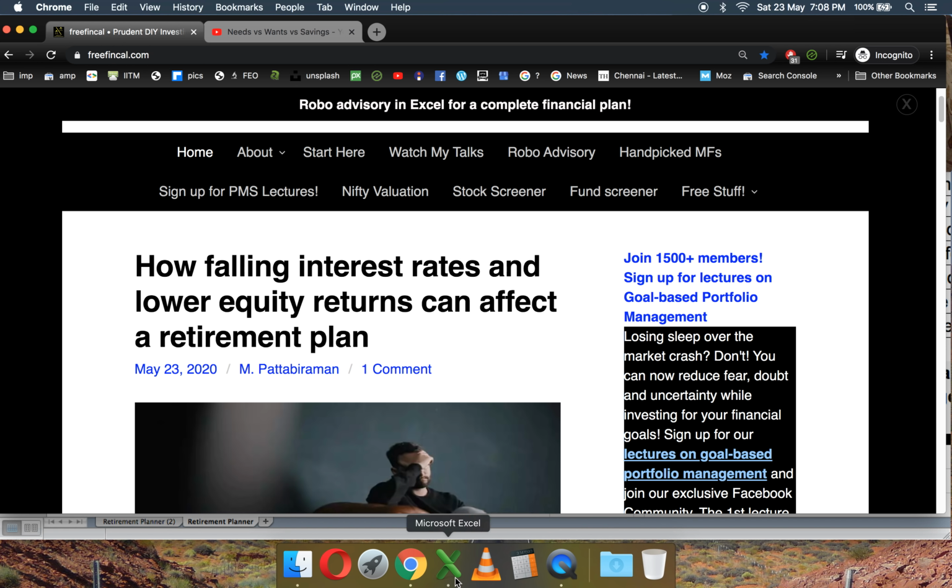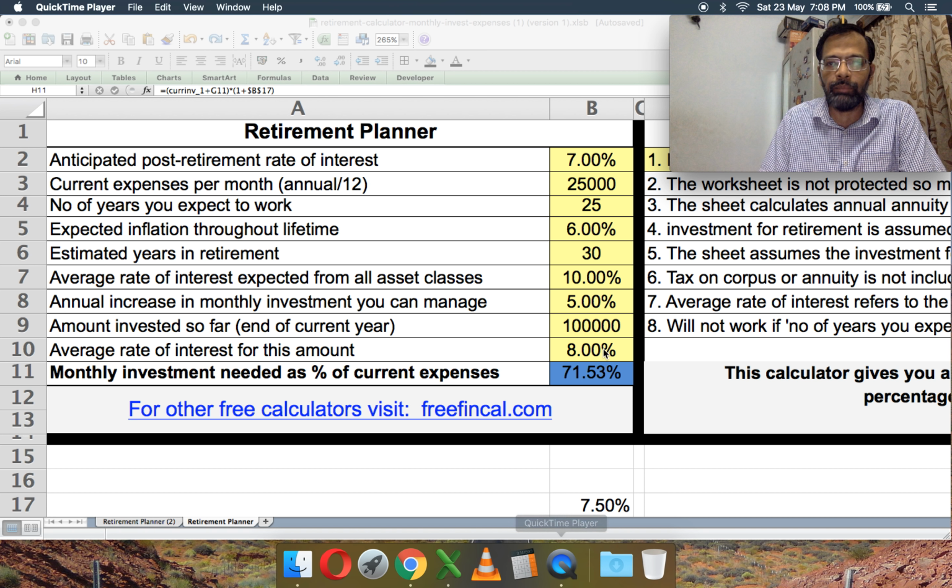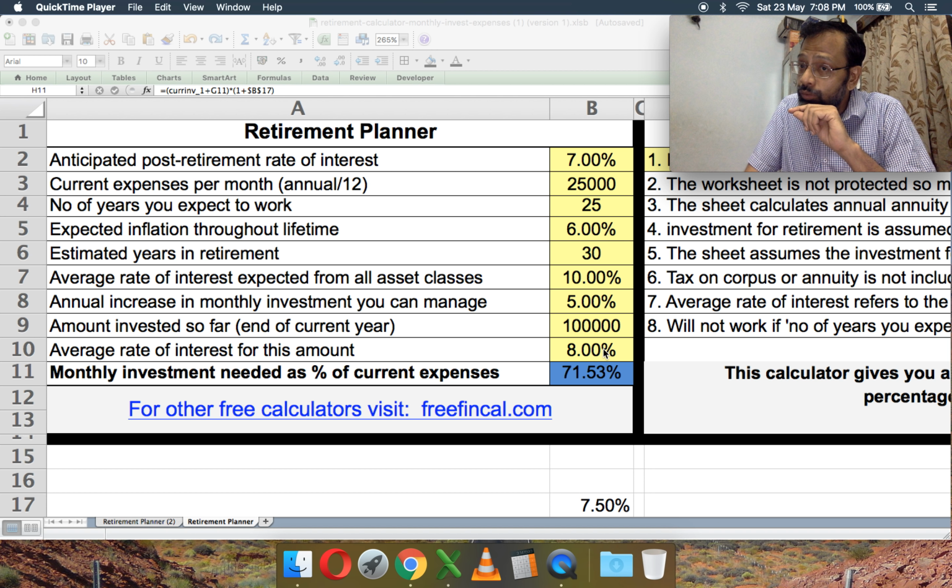All right, so let's get to this. We're going to have a look at a simple retirement planning calculator, a very basic one. Let us consider a 30-year-old guy who decides to do a retirement planning calculation in the year 2010.